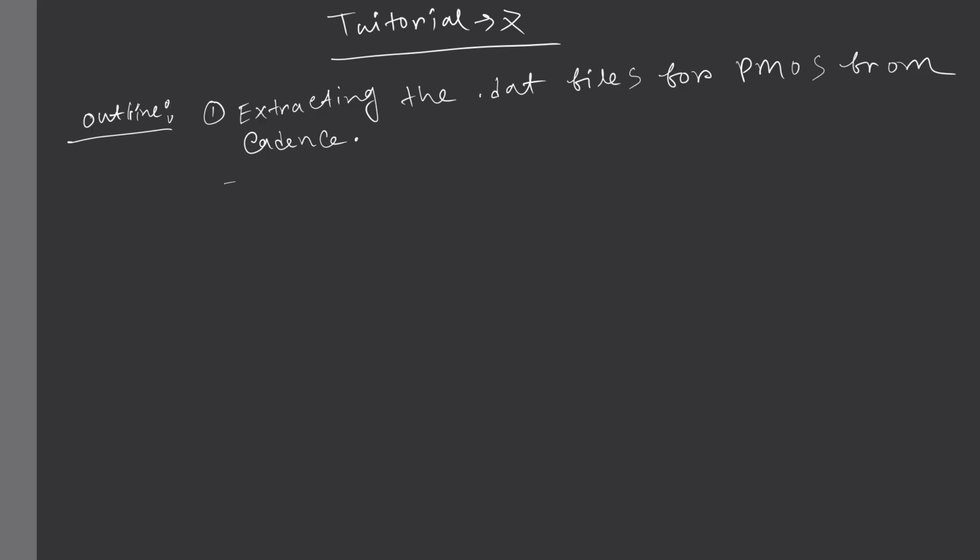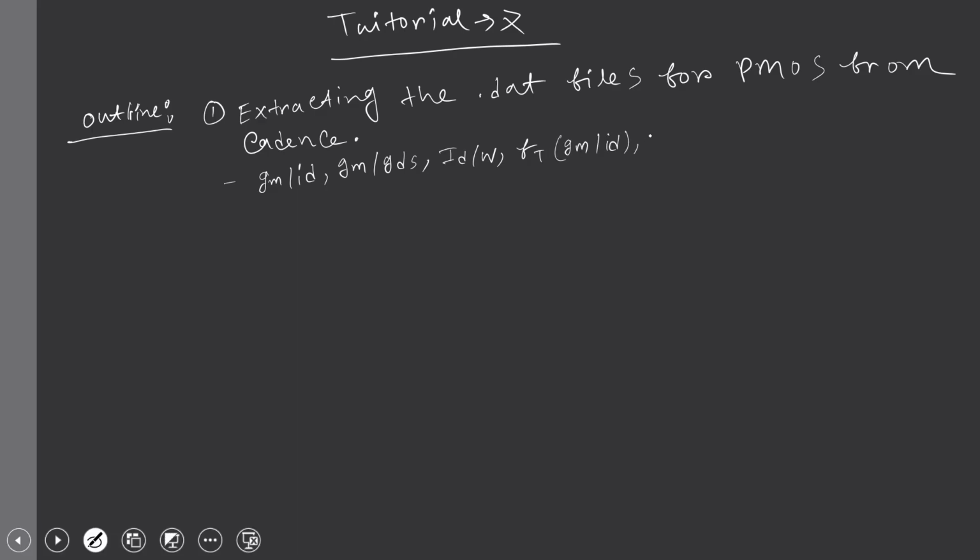Then we will export the required parameters such as GM over ID, GM over GDS, and then ID by W, FT into GM over ID, and finally FT. These parameters we will export into .dat format. These files will later be used for plotting purposes.